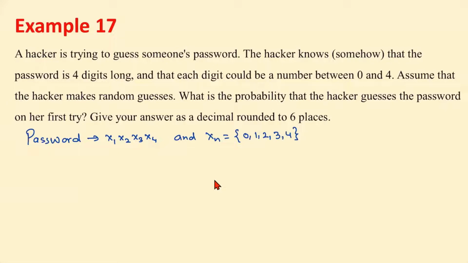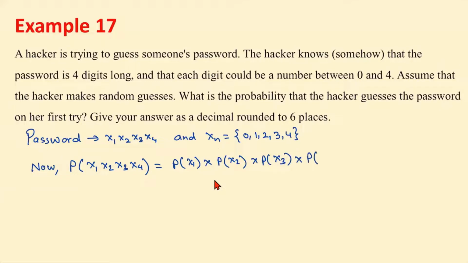Now the probability that they know the password, which is x1, x2, x3, x4, will be the probability of getting x1 times the probability of getting x2 times x3 times x4, because the hacker must know the first one, the second one, third one, and the fourth one, and because there is "and", it is all multiplication.